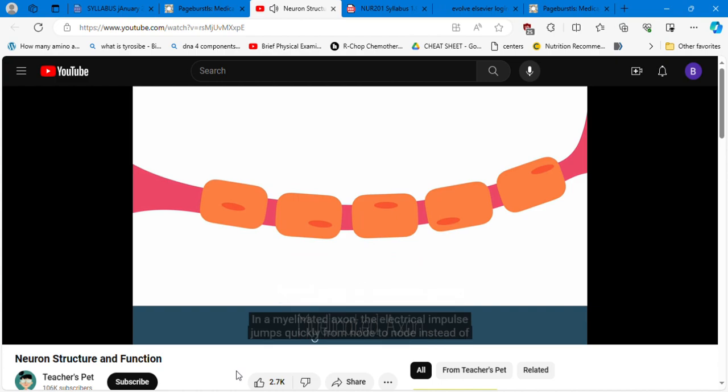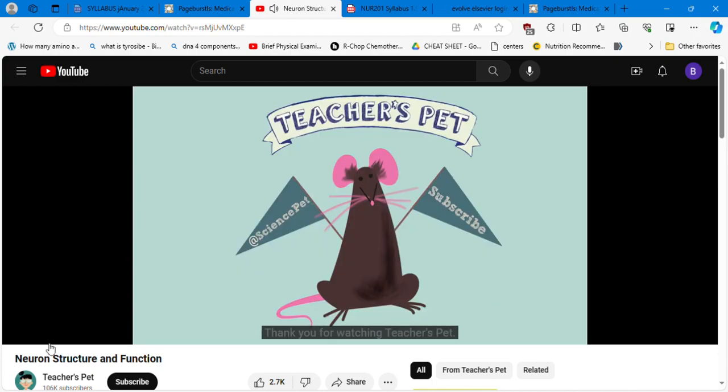In a myelinated axon, the electrical impulse jumps quickly from node to node instead of moving continuously along the length of the axon. This jumping of the nerve impulse is called saltatory conduction. Salta means jump in Latin. And impulses can travel up to 100 meters per second. That's fast.